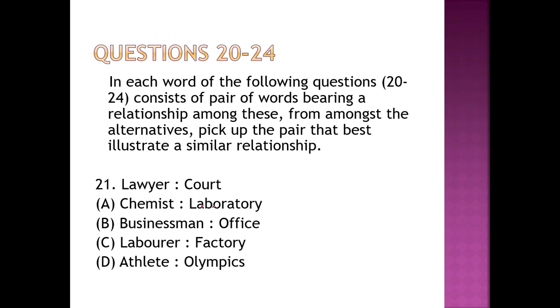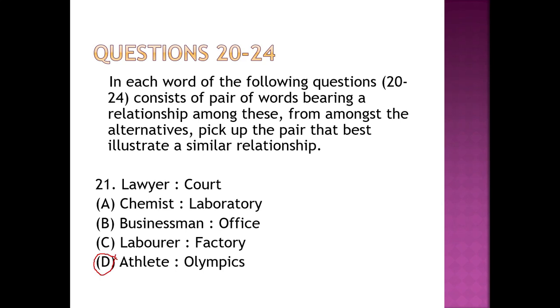A chemist works in a lab, a businessman has an office that he works at, a laborer works in a factory, and Olympians go to the Olympics and they work there, quote unquote work. And so I think the closest relationship is D.